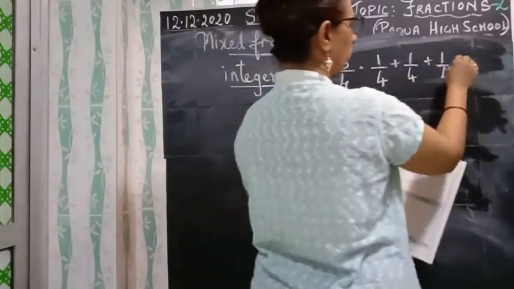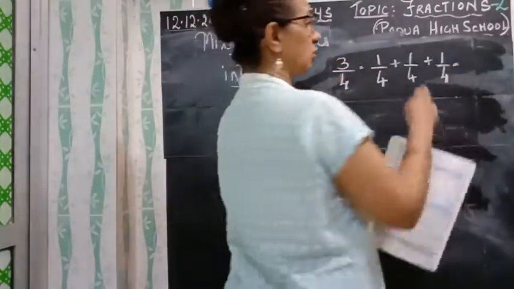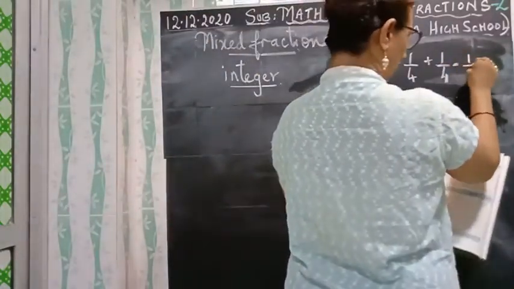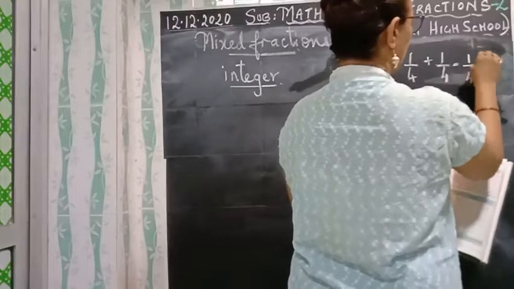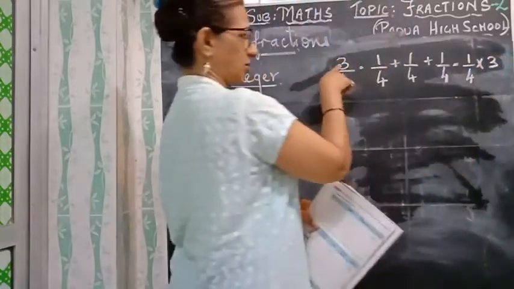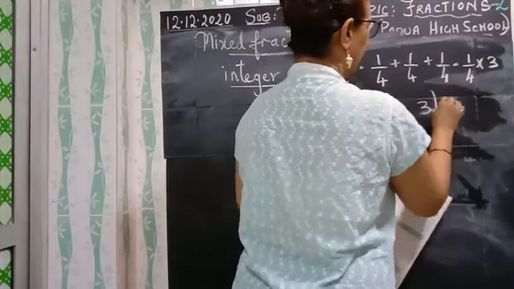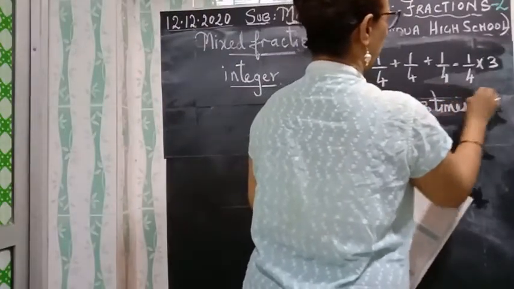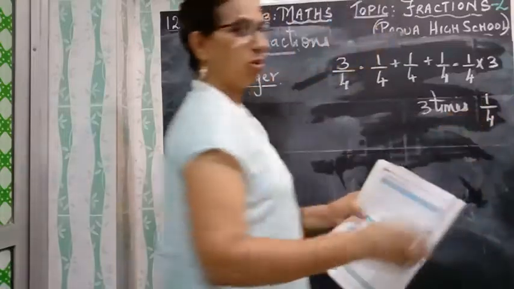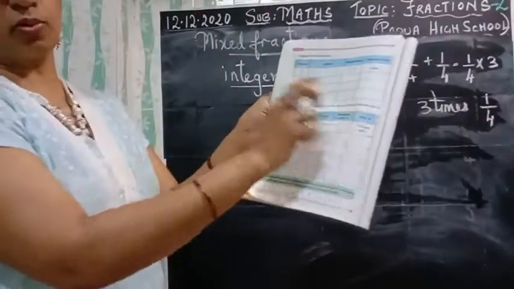Or, and then what you will do is multiplication, means you have to show 1/4 multiplied by 3. So 3 times. Okay, and in the last column you will show 3 times 1/4. Okay, so that way you can do the same.